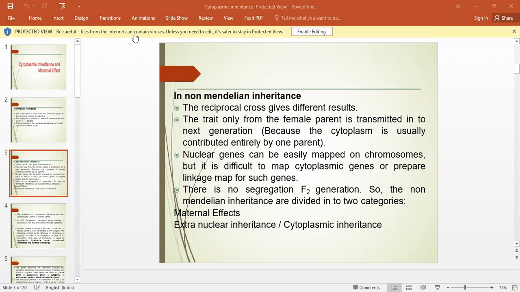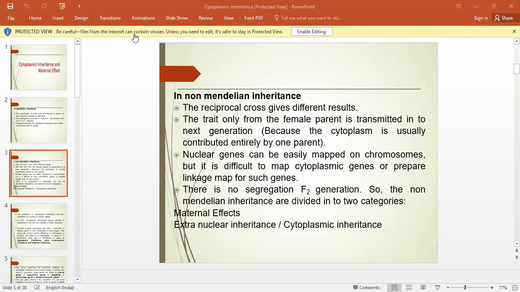So if you take out the nucleus from a cell and put another nucleus into it, it will not affect the cytoplasmic inheritance, but it will affect the Mendelian inheritance. Why? Because Mendelian inheritance depends upon the DNA or chromosomes present in the nucleus, but cytoplasmic inheritance is independent of them.